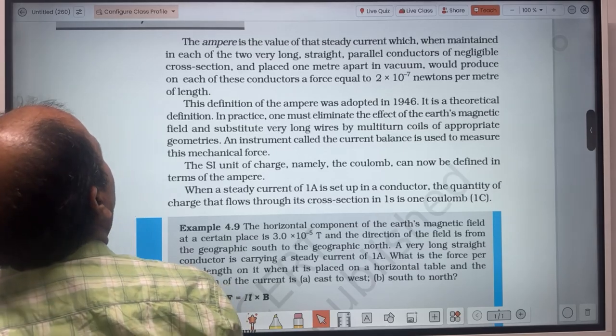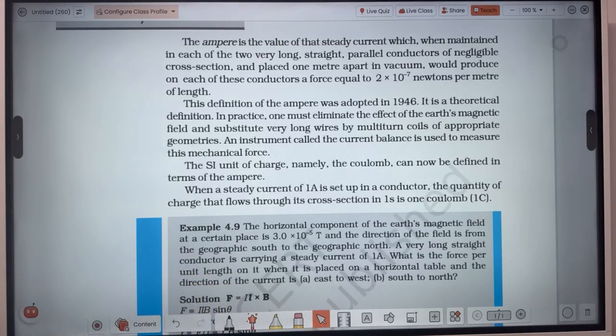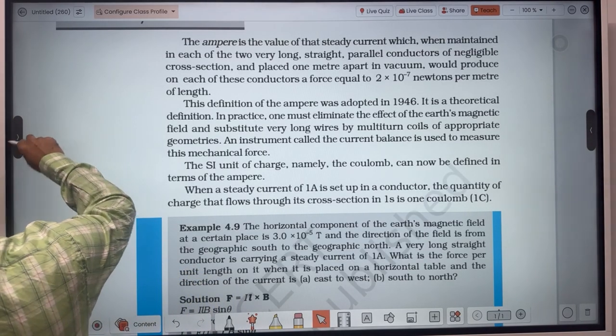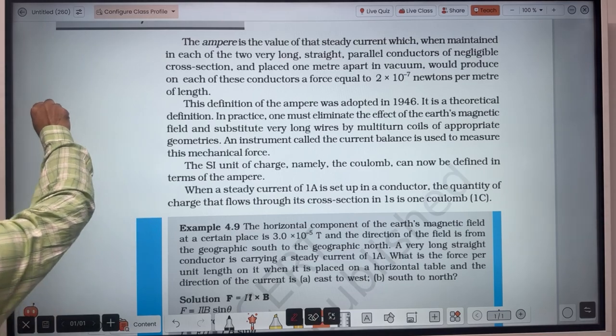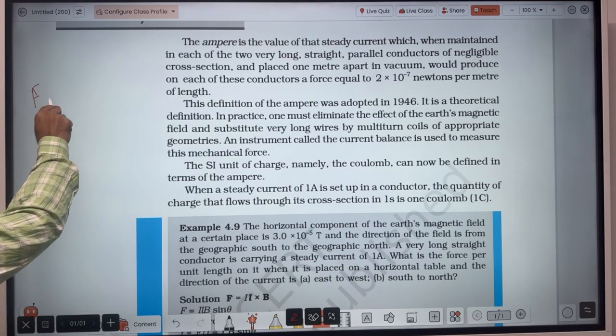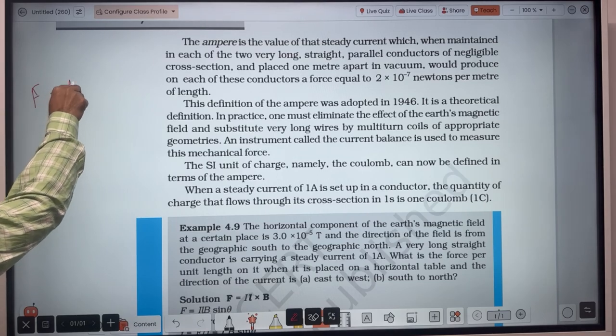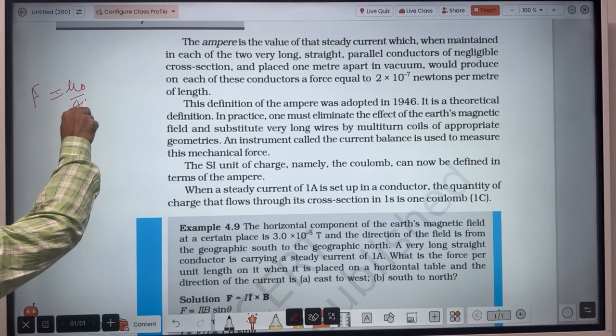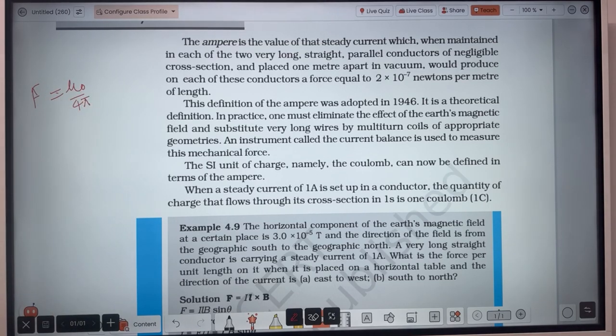Now, we have got the expression for force F per unit length. What was the formula?